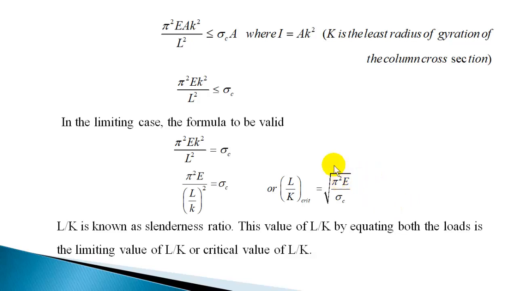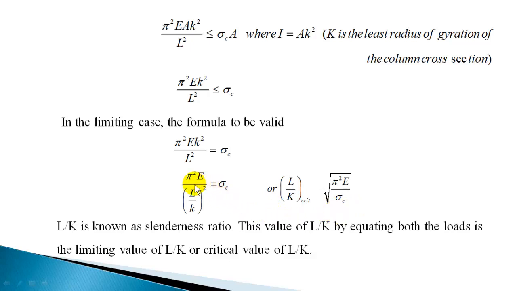L by K will vary from column to column made out of this particular material. So if a column made out of this material has a value of L by K less than this critical value given by this equation.